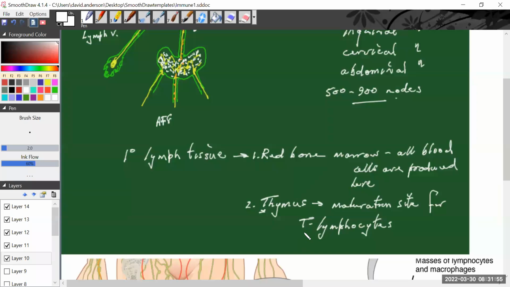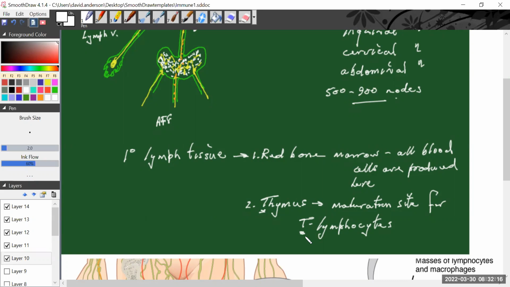So T for thymus. There's another class of lymphocytes called B lymphocytes. They're going to originate in the red bone marrow and mature in the red bone marrow. But T lymphocytes have to be transported to the thymus for maturation.